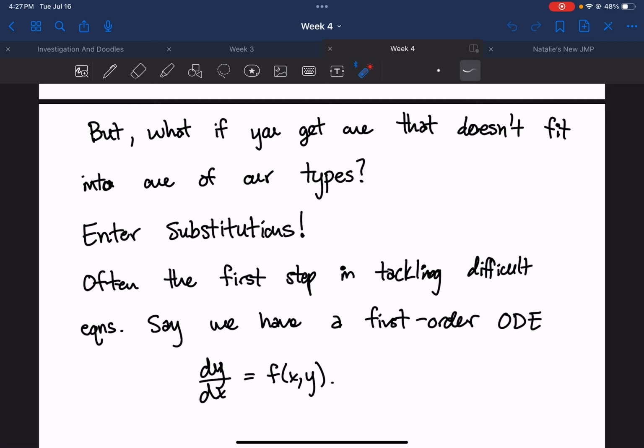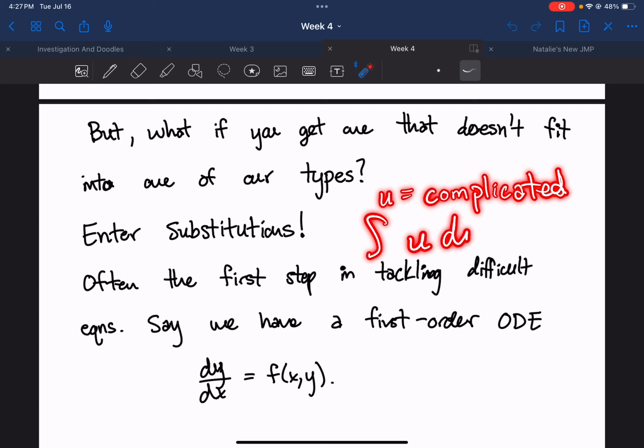This is a lot like a U substitution. In a U substitution, in integral calculus, for example, you say U equals something complicated, and then the resulting integral in terms of U is easier.